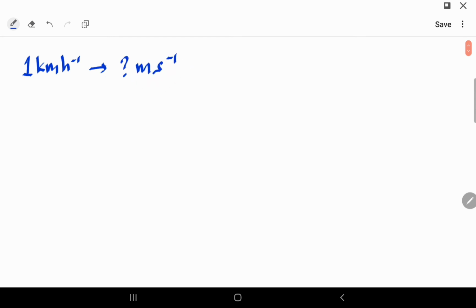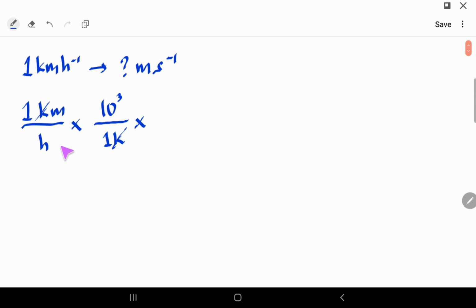How is it? I think the best way is by using the cross method, which is 1 kilometer per hour, and then we multiply by, we need to cancel out kilo first. Kilo is located at the upper side, so to cancel out kilo, we put it at the bottom here. 1 kilo equals 10 to the power of 3. So kilo and kilo cancel each other. We have meter per hour already.